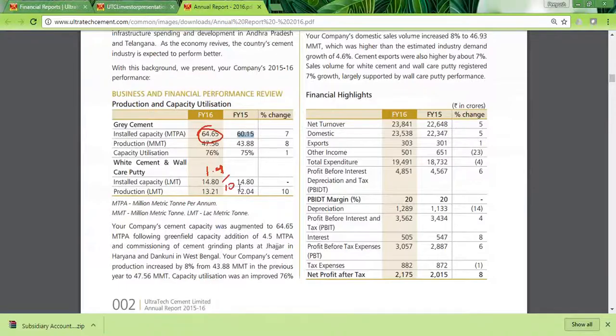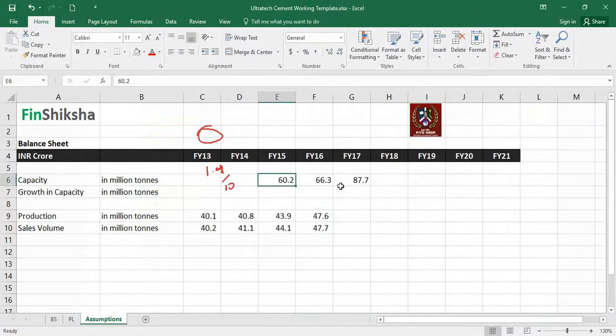Last year 60.15 and 1.4 should basically give us a number somewhere close to 62. So we might just want to change this to 61.5, and that's because it includes the gray cement and white cement.